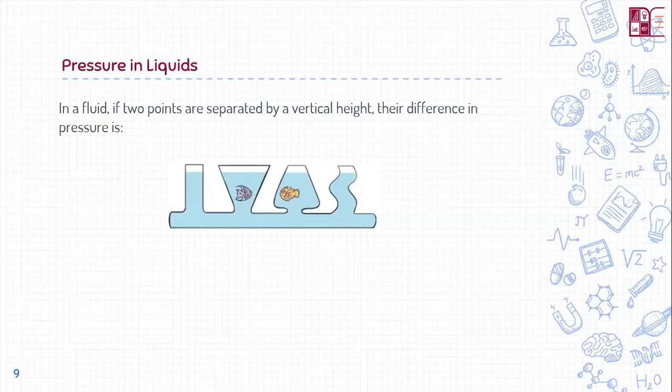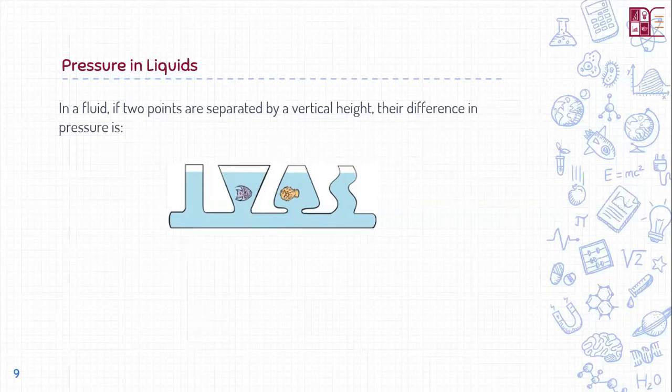From the formula P equals rho g h, we can see that the pressure depends on the depth and density of the liquid and not on the cross-sectional area or volume of the liquid. Hence the water pressure at the bottom of the container in the figure, as you can see on your screen, will be the same throughout the container as the water level is the same.